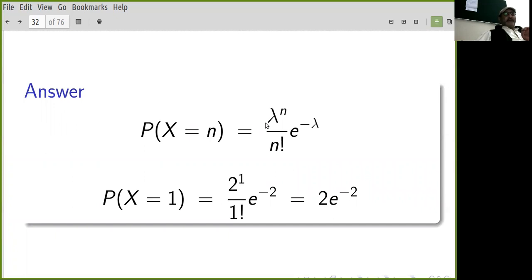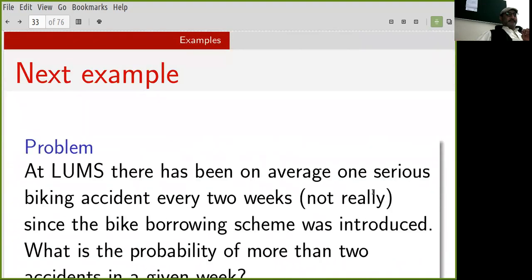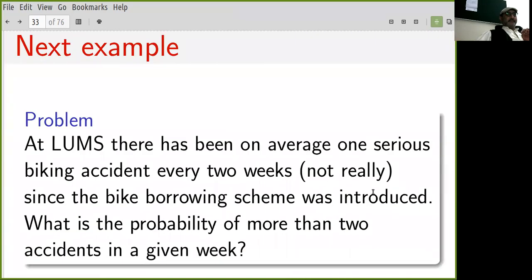So here our lambda is 2. So that's 2 to the 1 over 1 factorial, since we're looking for 1 car entering, e to the negative lambda. Lambda is equal to 2. That's equal to 2 times the exponential of minus 2. Okay.